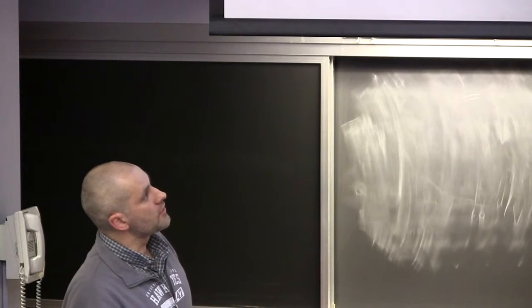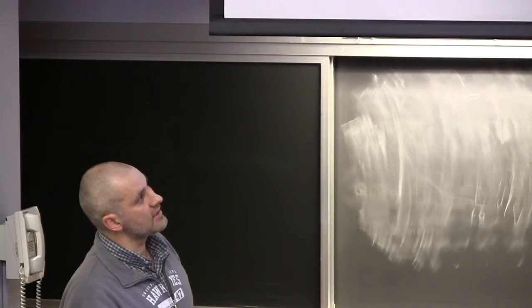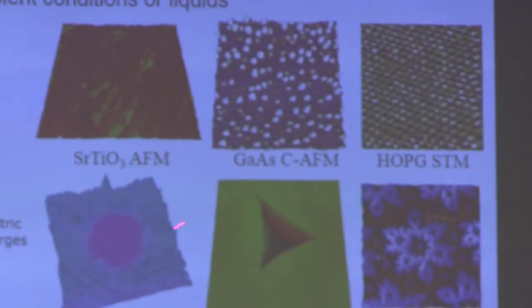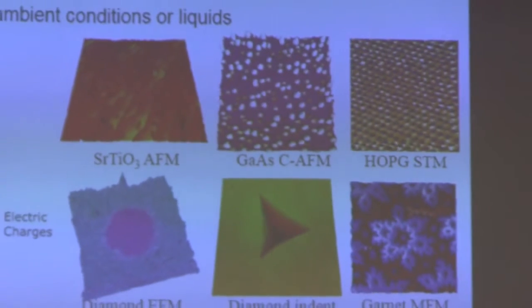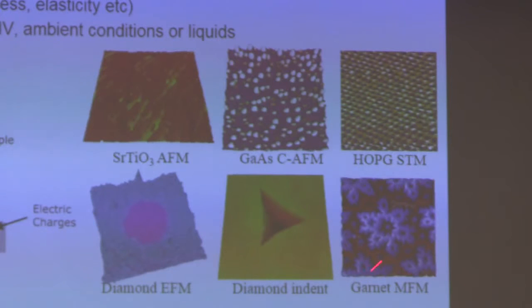Right? So a bunch of response signals generate essentially an image for you, right? But this is AFM, so this is probably Ford's image. This is conductive AFM, so this is already a conductive response. STM, that's again conductive response, right? Because this is tunneling based.